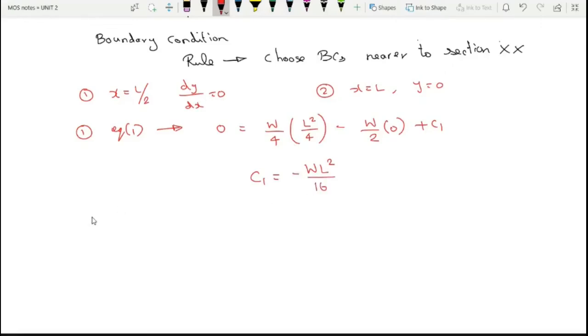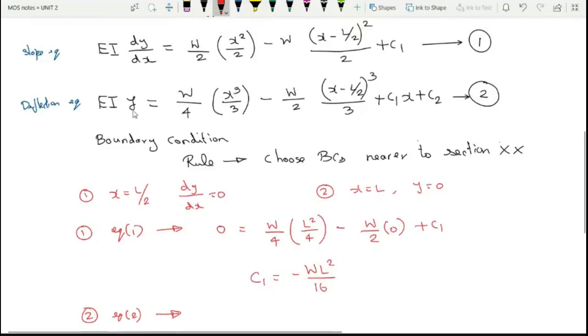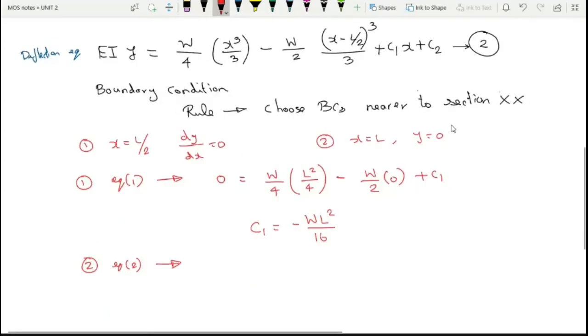Now we will go for equation 2. The second boundary condition deals with equation 2. So what is my equation? EIy is equal to w by 4, x cube by 3, minus w by 2, x minus L by 2 the whole cube by 3, plus C1x plus C2. Right? Let me apply it. When x is equal to L, y is equal to 0.